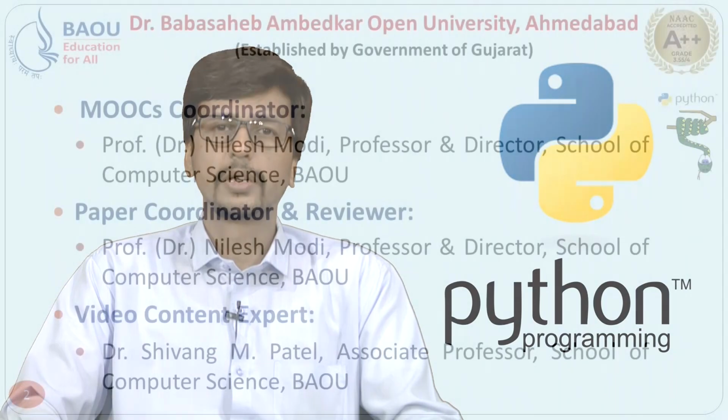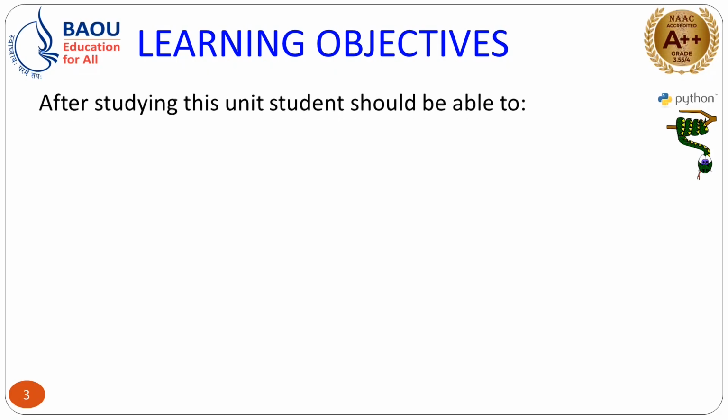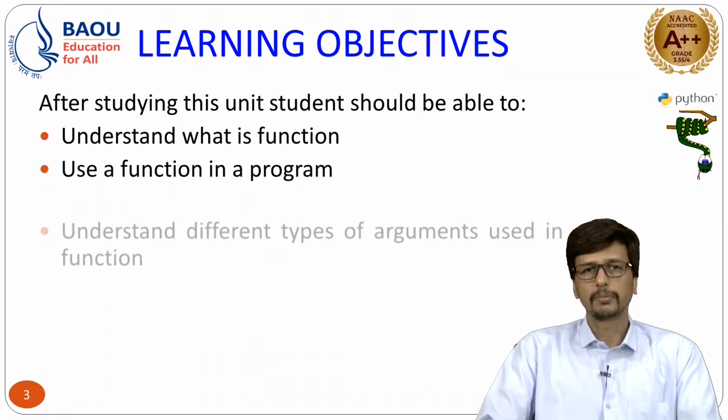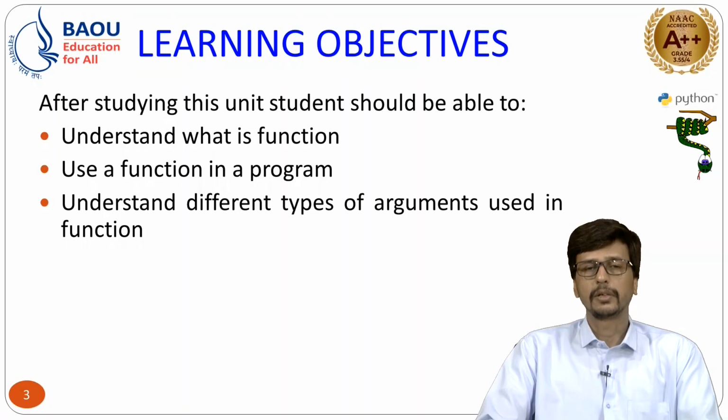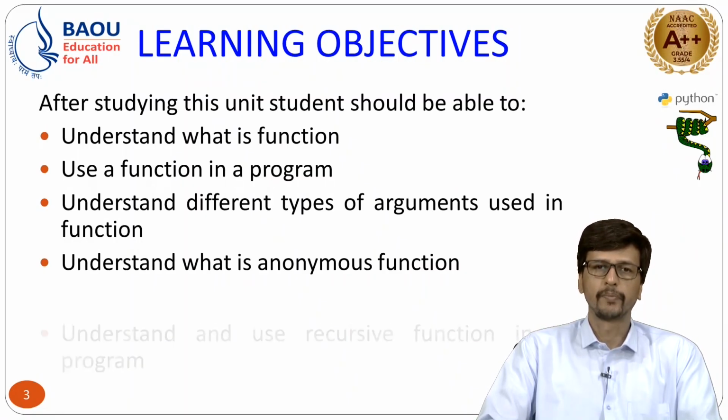As you are already aware, in any programming language, and in the Python programming language also, the concept of function can be used for reusability. After completion of this unit, you will be able to understand what a function is, the use of functions in a program, the different types of arguments used in a function, and what an anonymous function, or lambda function, is.